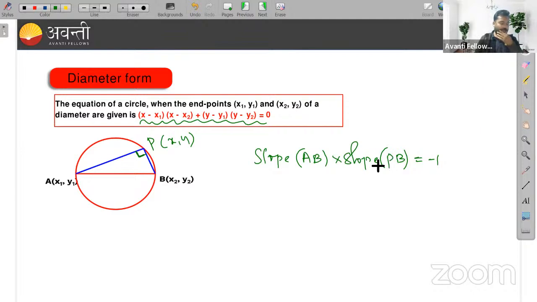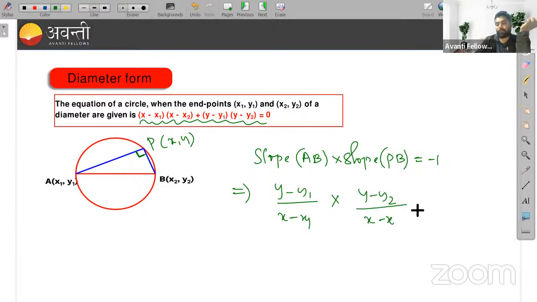Yes, because we know that when two lines are perpendicular to each other, the product of their slopes will be -1. Simple. If the coordinates of point P are x, y and of point A are x1, y1, then the slope of AP is y minus y1 upon x minus x1. Into the slope of PB, that is y minus y2 upon x minus x2, is equal to -1.